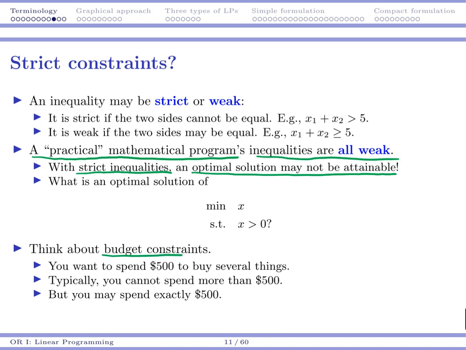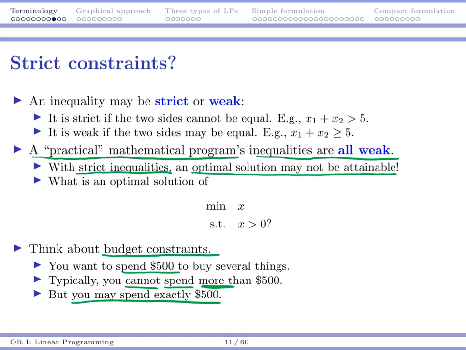Think about your budget constraint. Suppose you have $500 to buy several things. That's a decision problem. You cannot spend more than 500, so 501 is not allowed, but you are allowed to spend exactly 500.